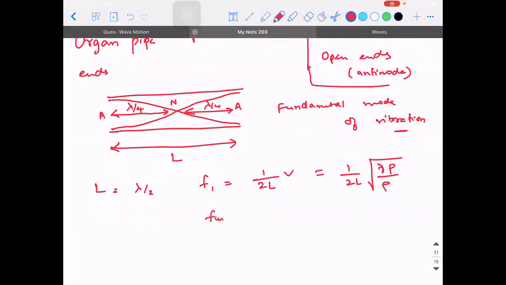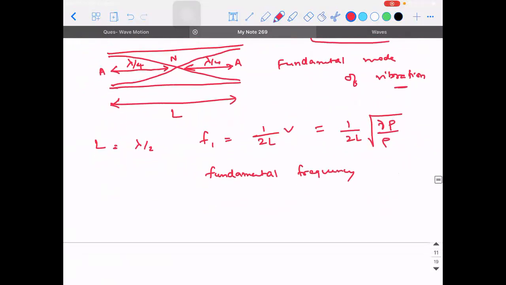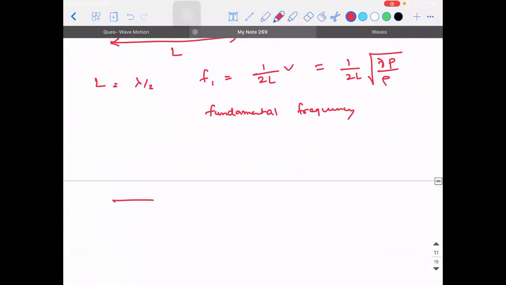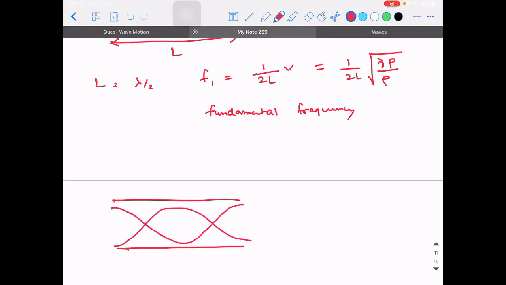It's called the fundamental frequency. Correct? Now, when I talk about the second mode of vibration, how many standing waves should you have? 2 standing waves. Half on the left, half on the right, and one complete in the middle.